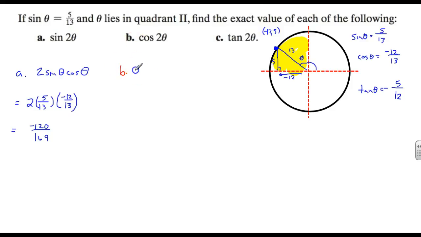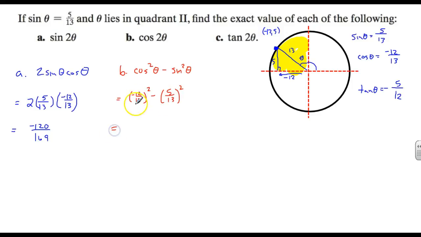Cosine 2 theta is cosine squared regular theta, not 2 theta, minus sine squared regular theta. The cosine of theta was negative 12/13, so I'm going to square that, negative 12/13 squared, minus sine was 5/13 squared.